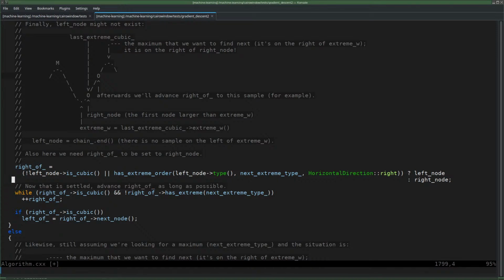Okay, so this Boolean expression must be false if left node equals chain end.